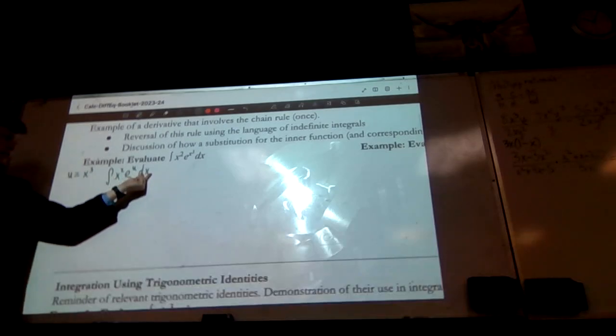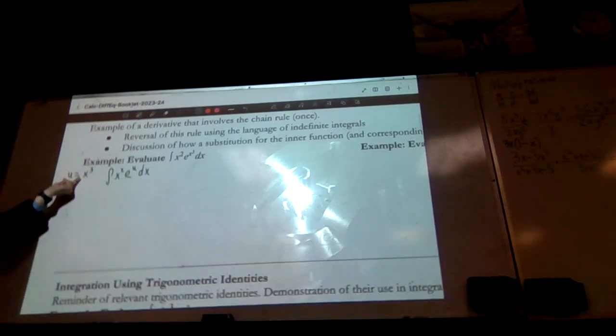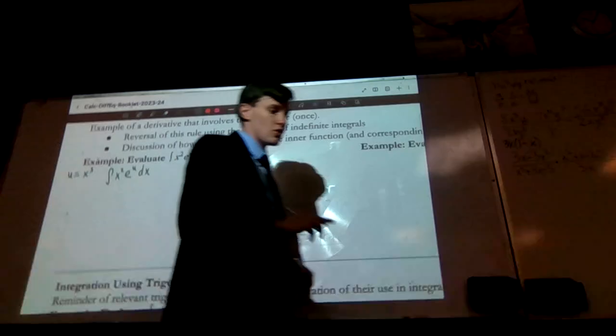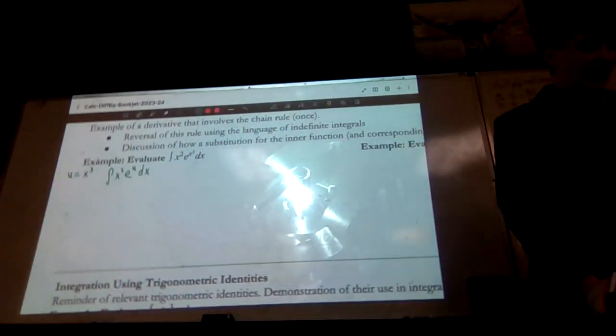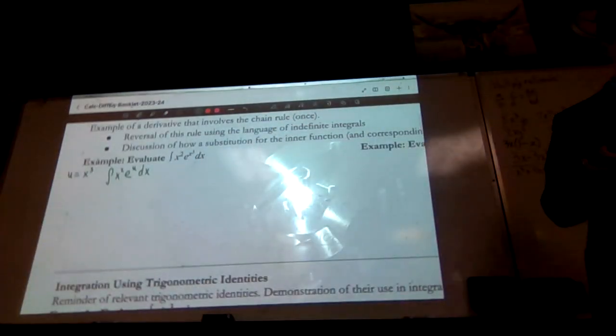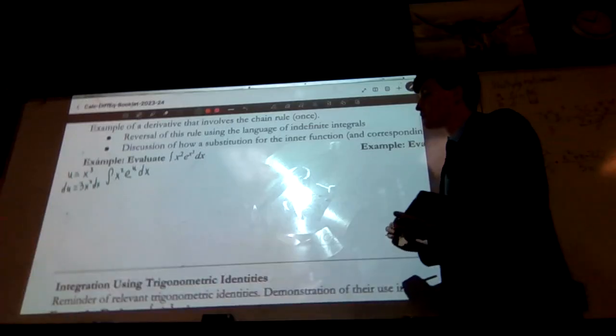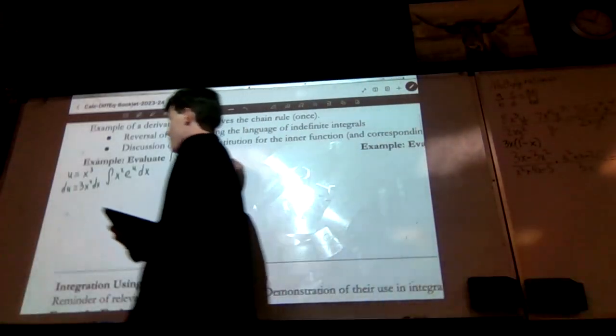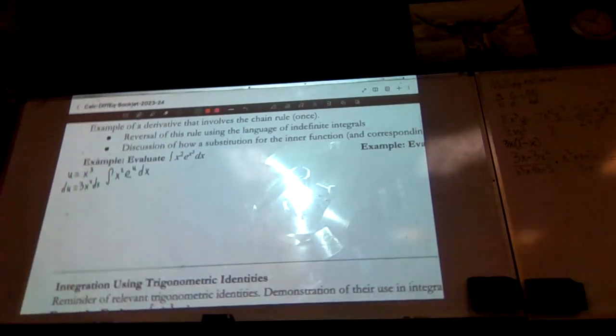So how do I get rid of dx? Well, I can take the derivative over here. The derivative of u equals x cubed is going to be du equals 3x squared dx. And now what do I need to solve for?